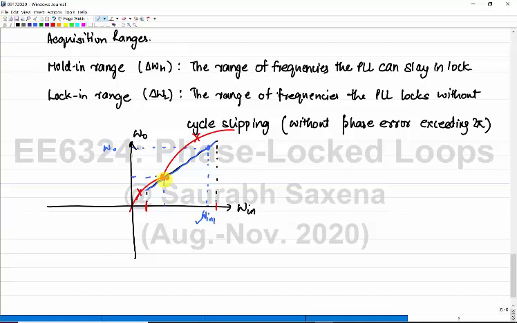Okay, so let me give you an example. Let us say you have a sea level, and from the sea level you have a big mountain to climb.